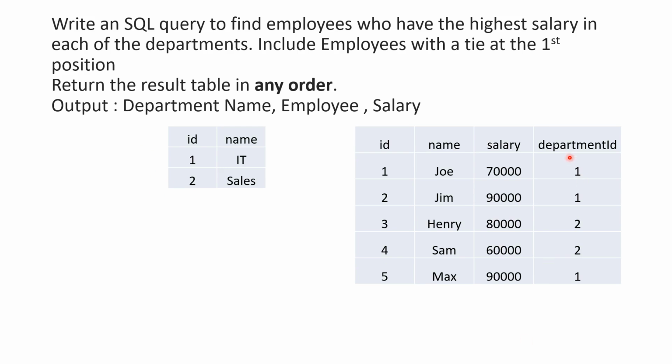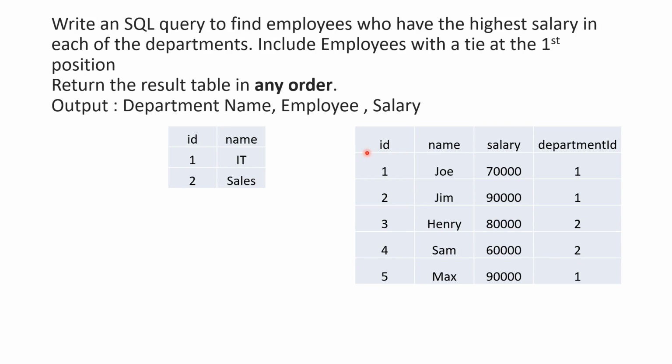Because we have the department IDs over here. So here we can find the ranks of each of the employees' salary partitioned by the department ID and then only filter out the records where the rank is 1, right?